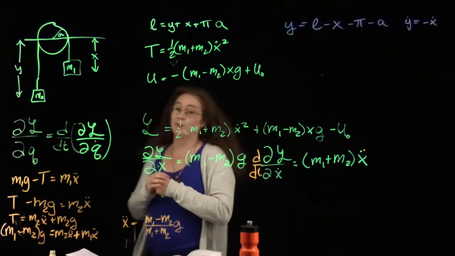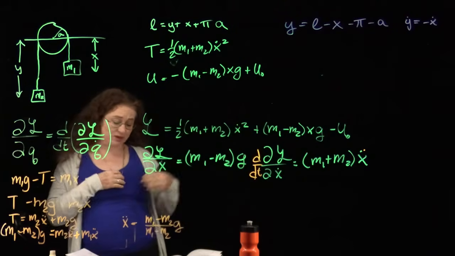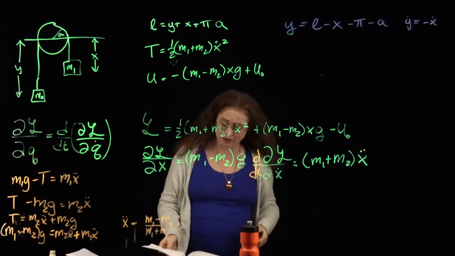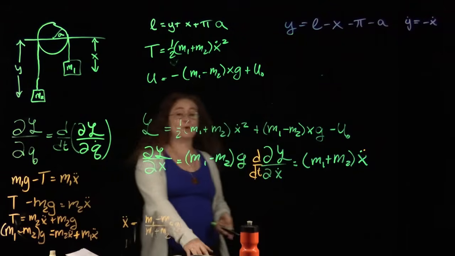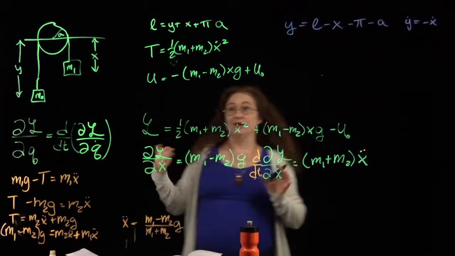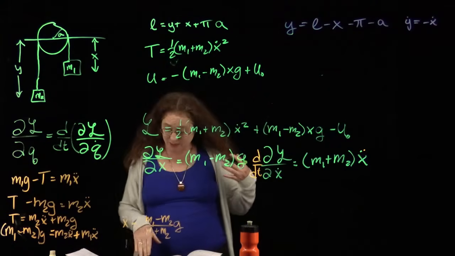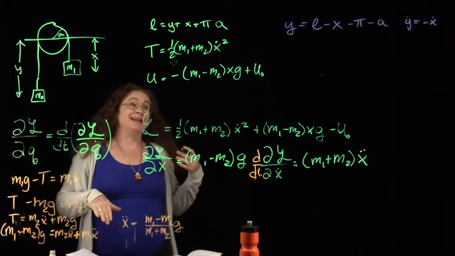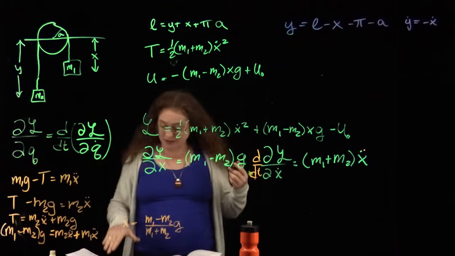Okay, so now we're going to go back and we're going to add mass, and I'm going a little bit beyond the book. I want you to think about this problem in all sorts of ways, and when you add mass, you're going to see why the Lagrangian approach makes things a little bit simpler.